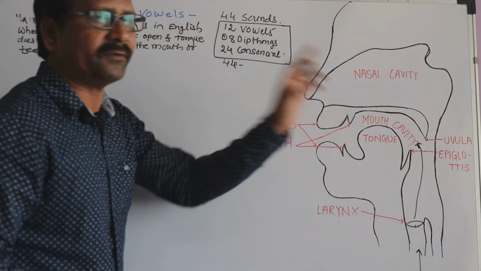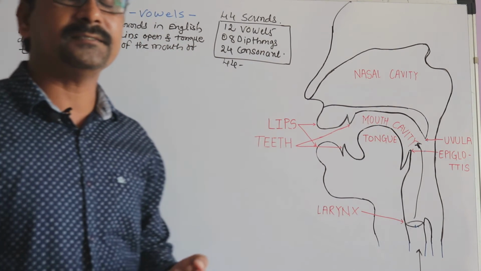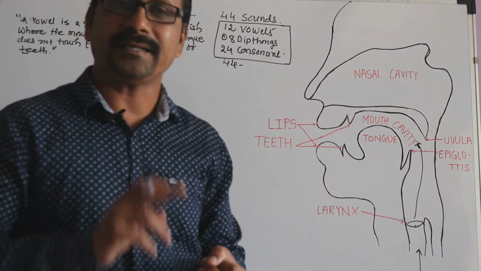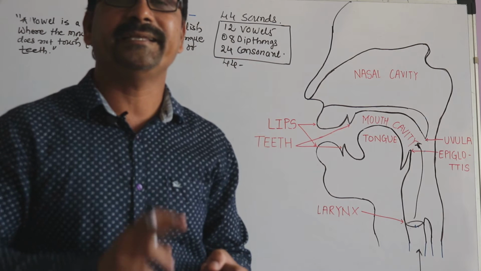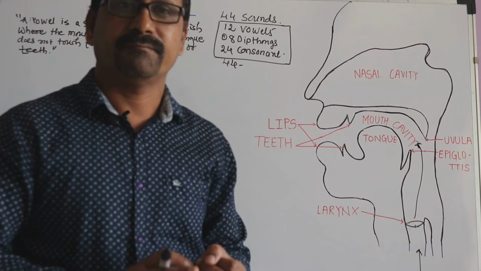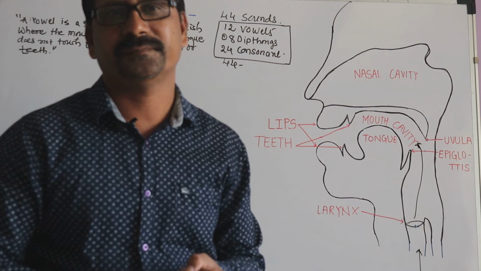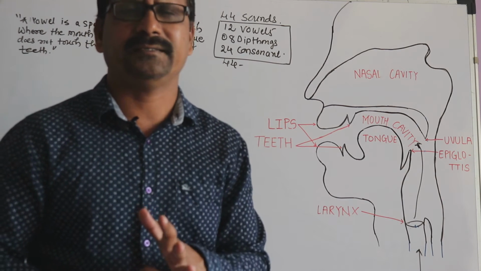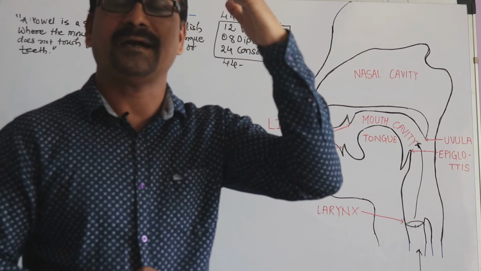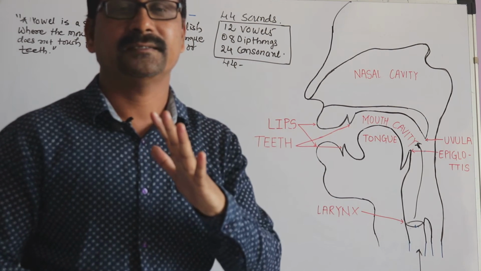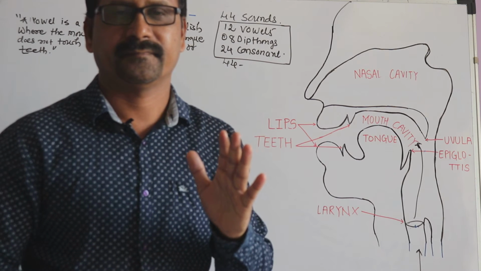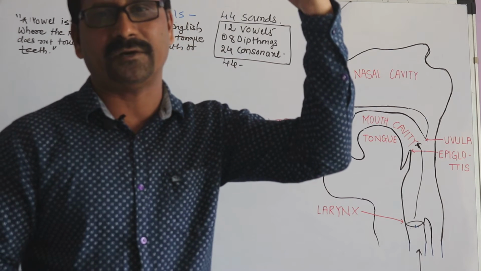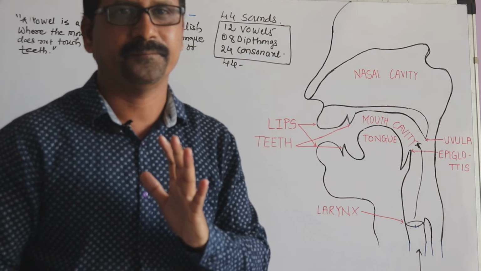When it goes into the mouth cavity, you know that the tongue is very active in the mouth. The tongue is the active organ of producing any kind of sound. But when the vowels are produced, the tongue has very slight movement, but it cannot touch the hard palate or the soft palate or anywhere. The tongue remains the same. It cannot touch the top of the mouth or the teeth.